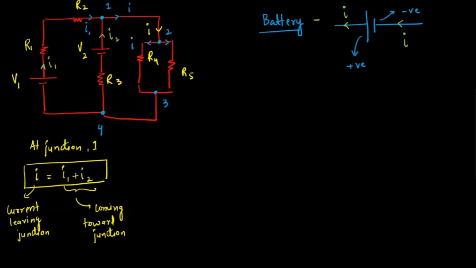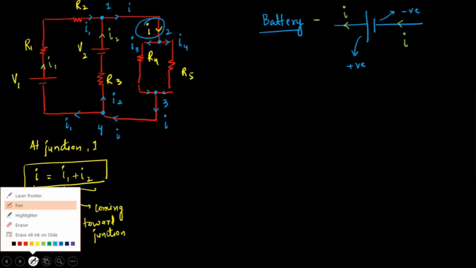So I can assume that the current that went here is I3 and the current that went here is I4. Whatever I1, I3 and I4 come to junction 3, it again becomes the value I. As this I reaches junction 4, it must get divided into I2 and I1. This is how we see how the junction rule is being applied.